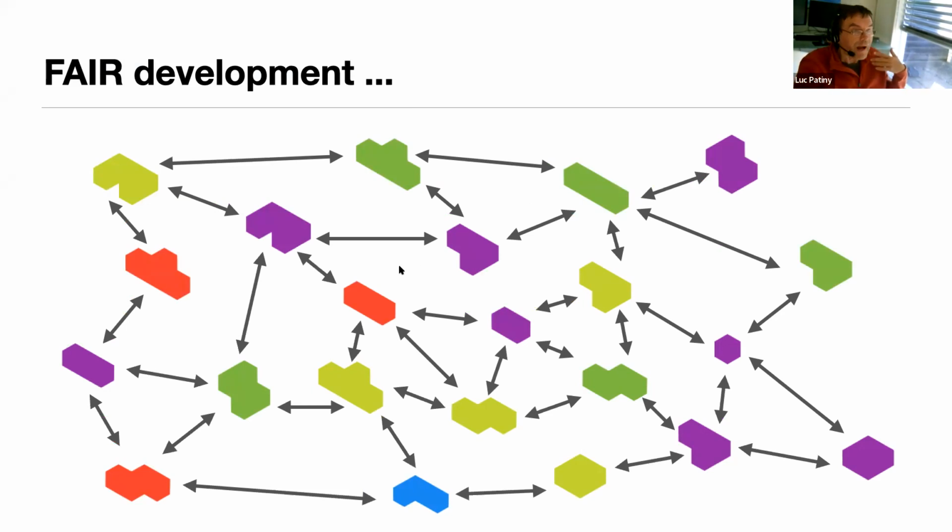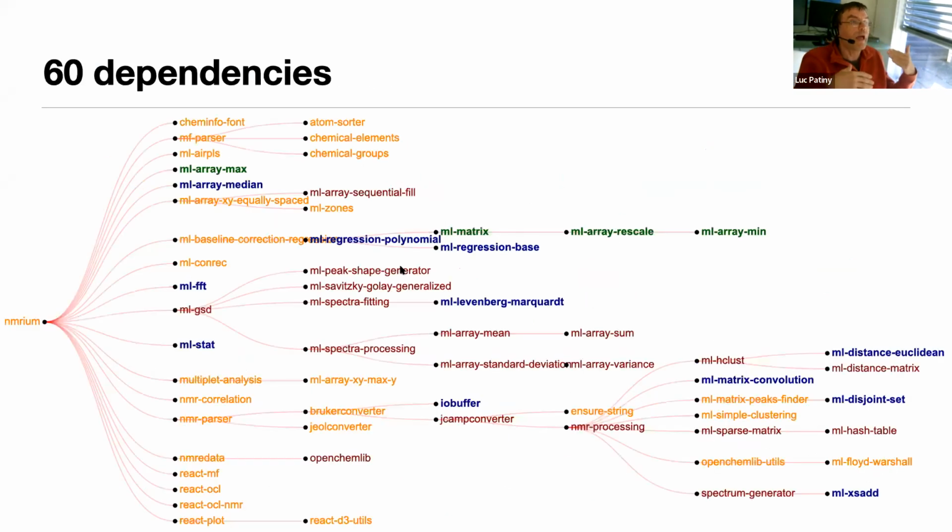And if I take back the NMRium project, so this application to process NMR spectra, actually this project relies on 60 of our libraries. And we are not the only ones to use those libraries. We made them, we published them, but JCAMP converter is reused by ChemMotion.